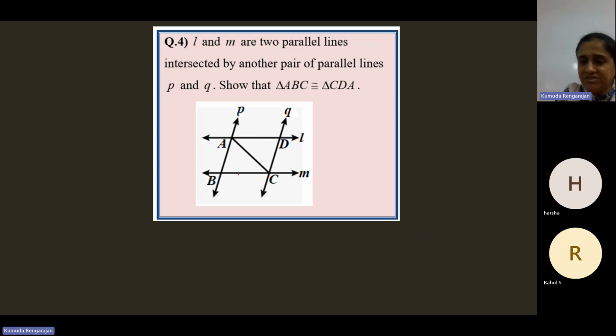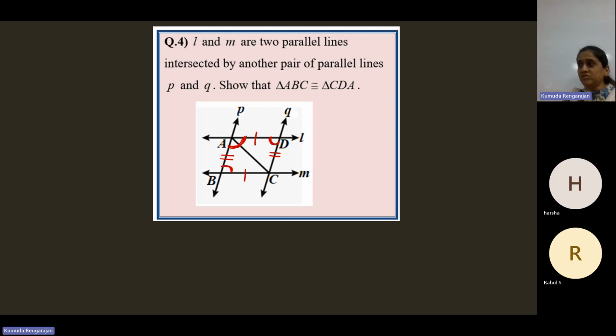ABCD is a parallelogram, right? So this side is equal to this side. This side is equal to this side. Opposite sides are equal. Opposite angles are also equal. So that means this angle is equal to this angle. Also this angle, but this angle is half in one triangle, half in the other triangle. So we will not take that.